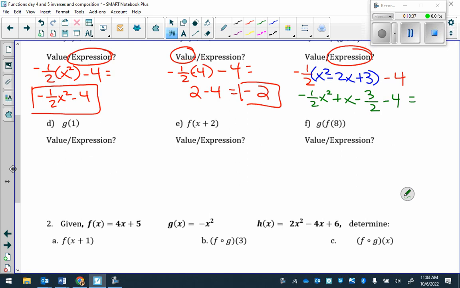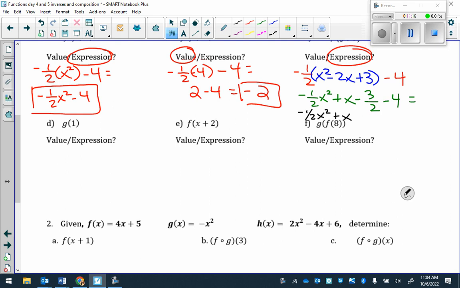Okay? Now, what can I do? Yeah, Joan. Okay. So I have negative 1/2 x squared plus x. How would I combine this? Okay. But in order to subtract, what do I need? No decimals. I don't want decimals.